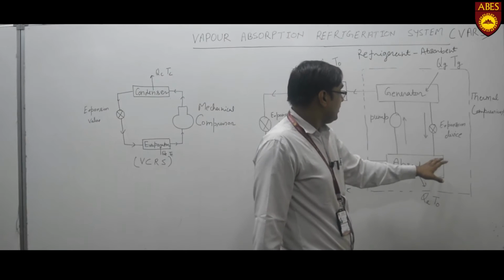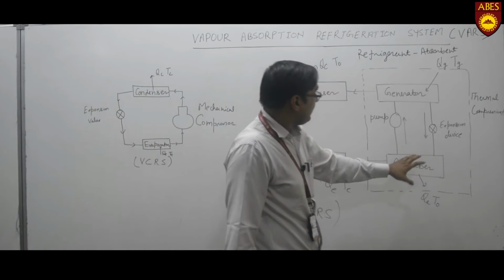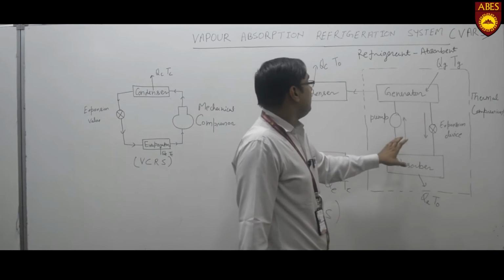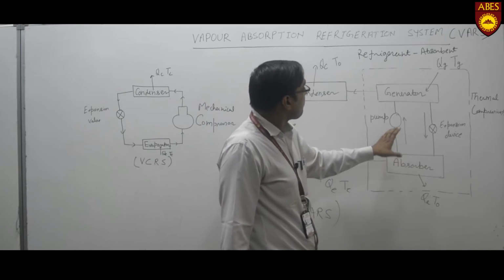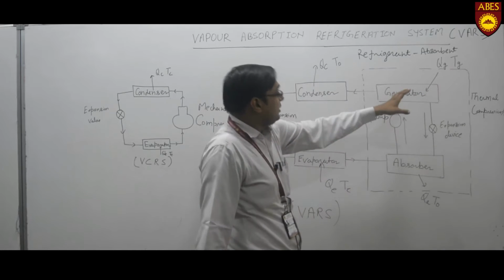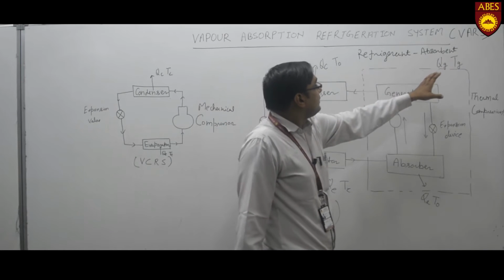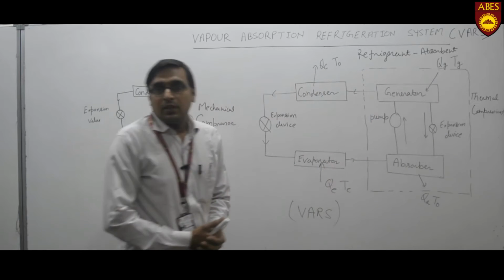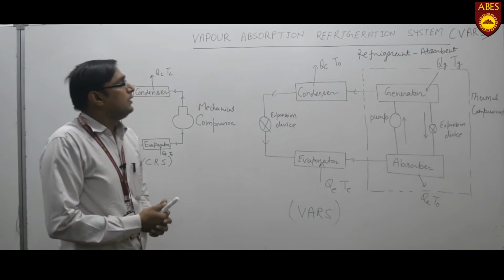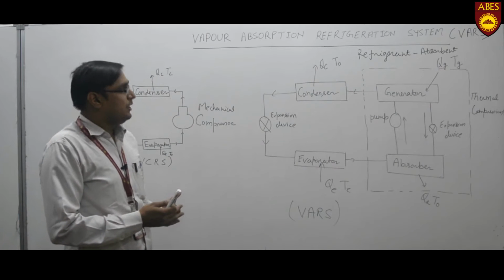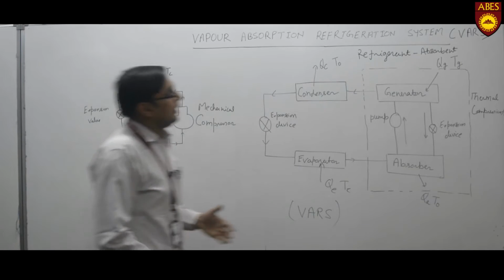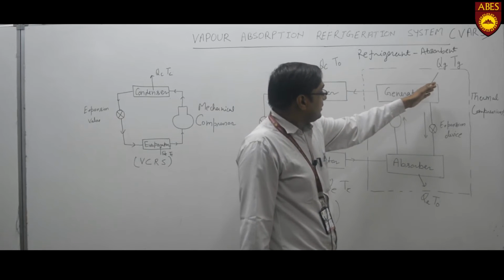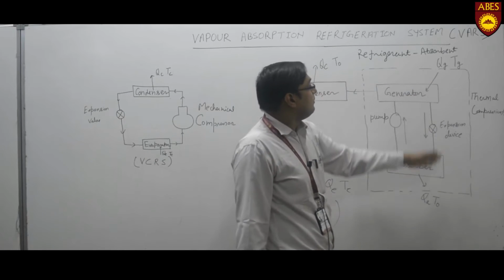Now this absorbent and refrigerant mixture is sent to the generator at high pressure by the pump, where low grade thermal energy is provided. This increases the temperature of the solution, and refrigerant vapor is generated.